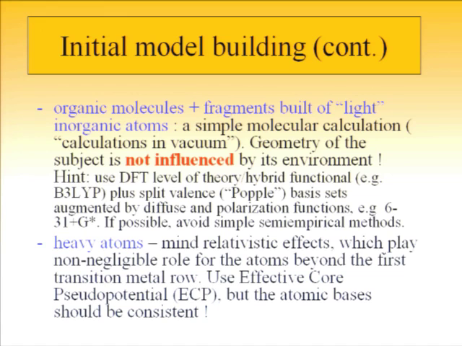It means even if you use an effective core pseudopotential, you should add a basis to describe the valence part of the atom, but the quality of the description should be consistent with the quality of the description of valence parts of light atoms. Otherwise, you shouldn't be surprised by the results.